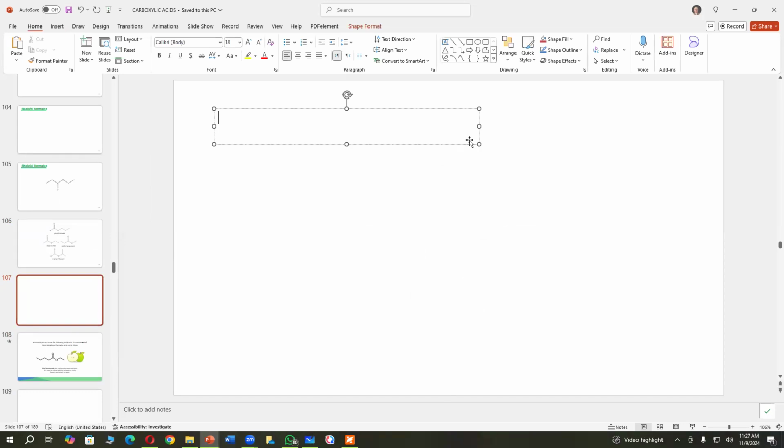Let us write it again, since it comes here also. Esters are sweet smelling compounds.